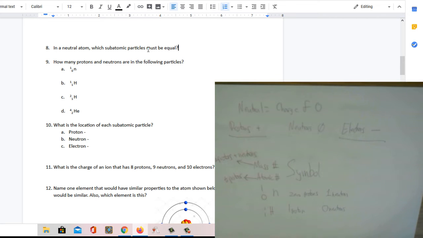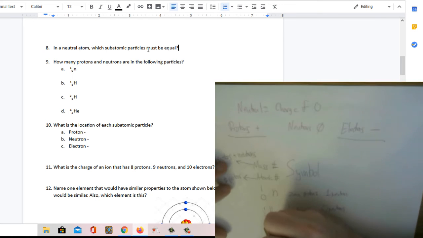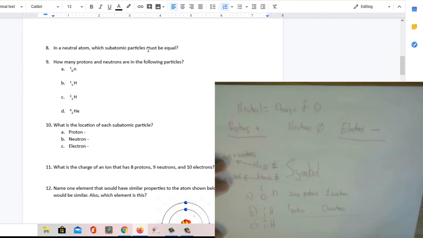Next one up is the same element as before. It's hydrogen, but it's got 2 over 1. So the first one was A, second was B. Now we're at C. 2 over 1 hydrogen. So I'm going to separate these. So that would mean that we have a mass of 2.